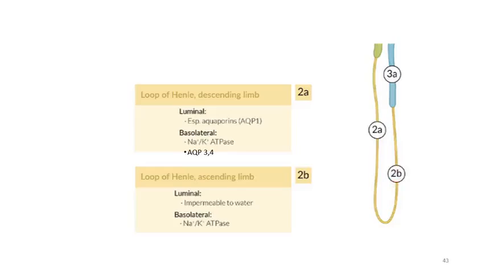A point that is important to mention here is that AQP type 1 and AQP types 3 and 4 are not ADH dependent and are always present in the luminal or basolateral membrane, and because of that, this part of the loop of Henle is always permeable to water.